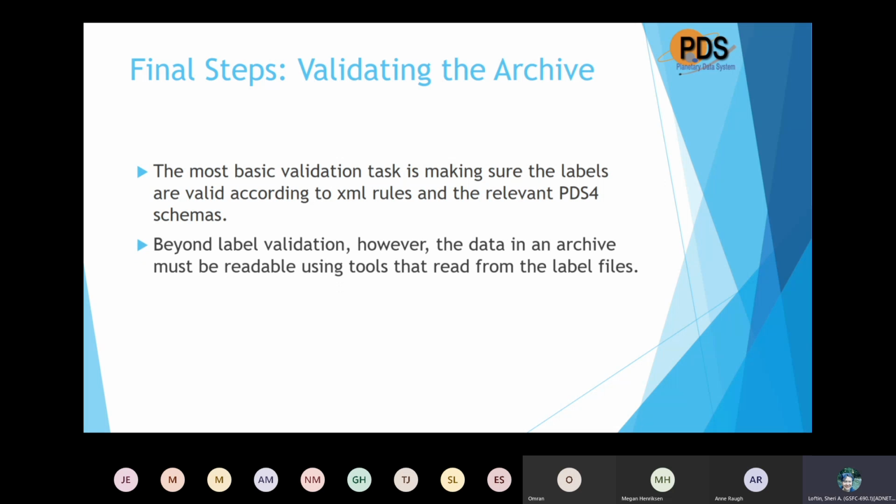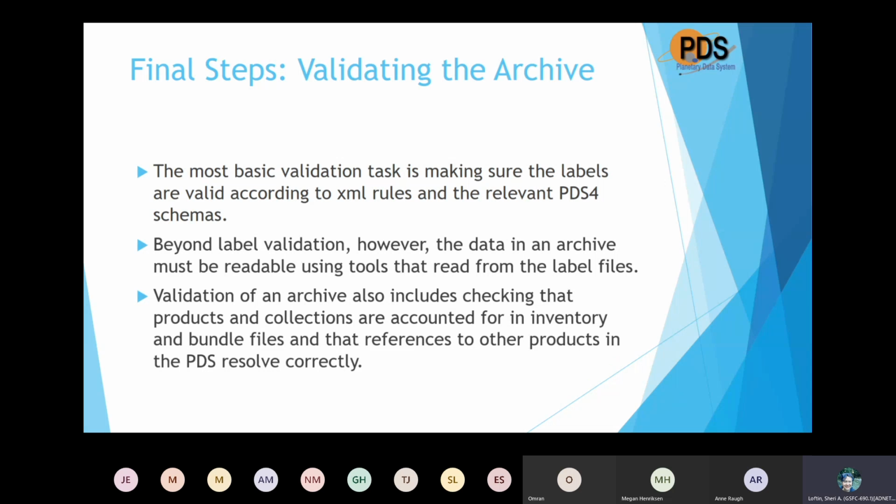So we want those labels to validate, and we need the data in the archive to be readable using tools that read from label files. That is a big part of our process. And we have tools that you can test this with. We have a PDS4 viewer, and I believe there's also one called PDS viewer that you can test occasionally to see if that's going to work.